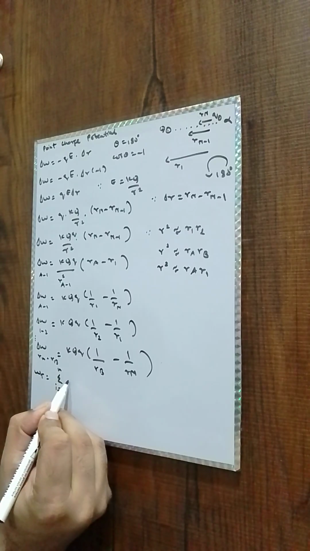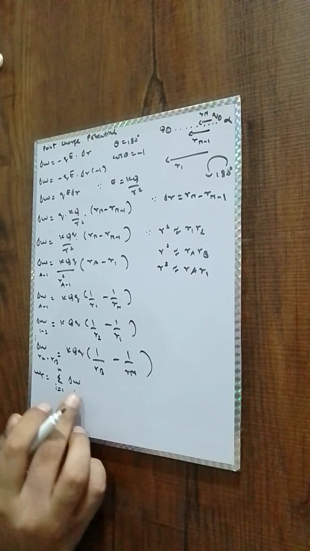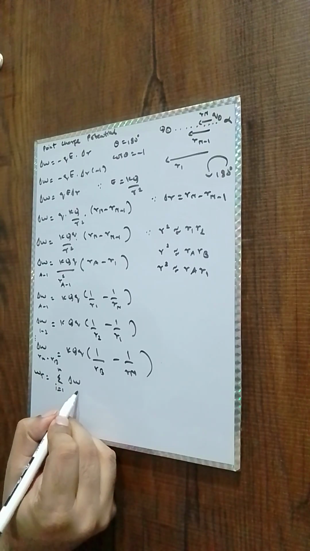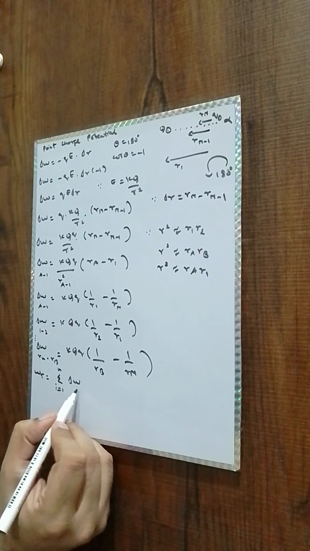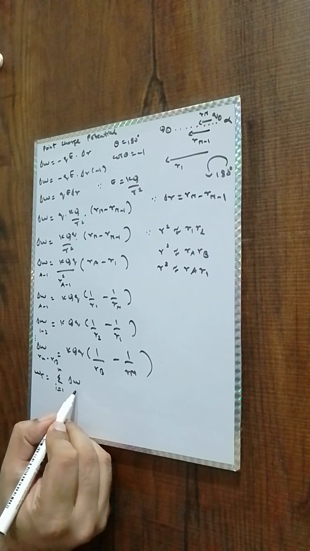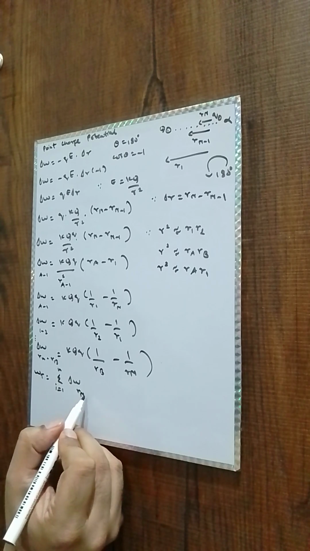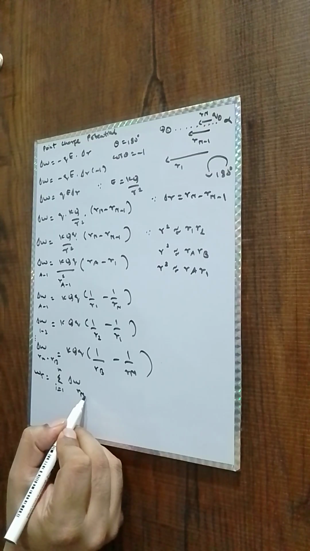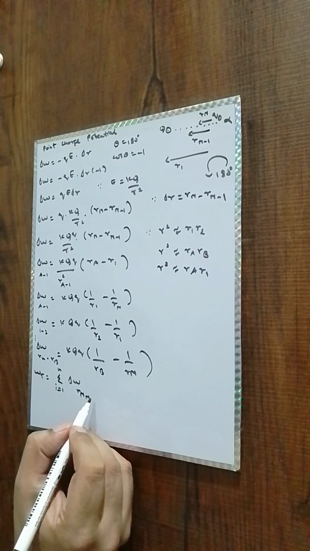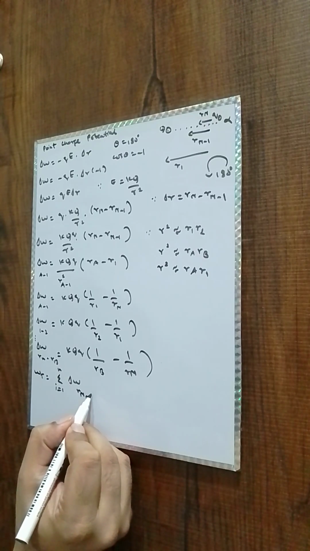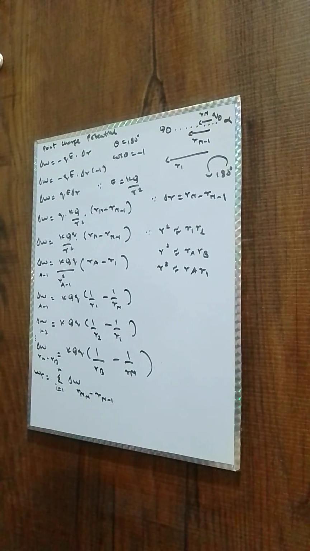So work total would be summation of i equal to 1 up to n delta w i, or delta w from rn to rn minus 1, the general form.